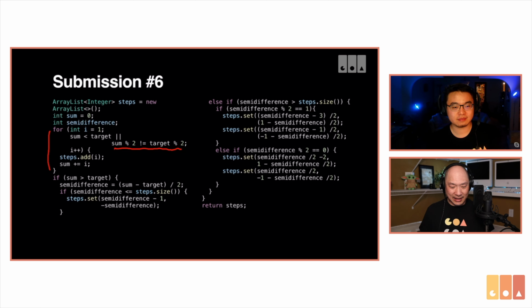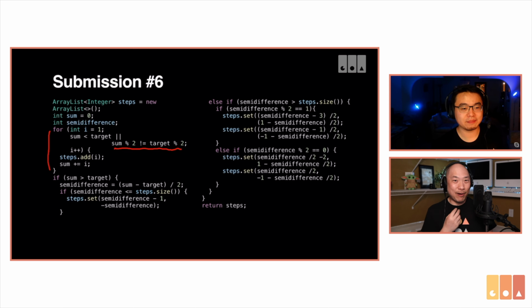Or actually, I think it's the remainder. Sorry. Yeah, so it's checking that the sum and the target are neither both even nor both odd. So they can't be both even and they can't be both odd. That means one of them has to be even and the other has to be odd. That's what this logic says.